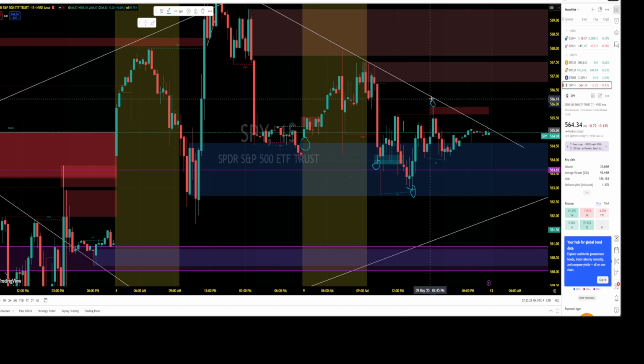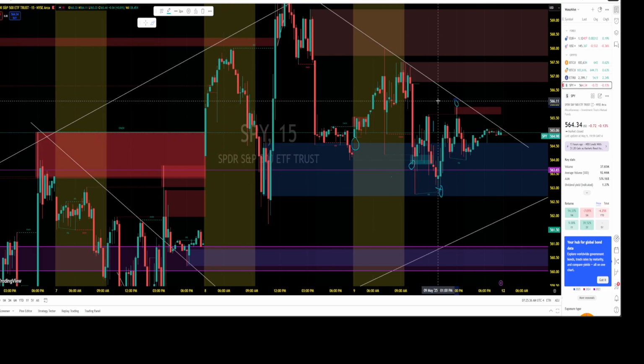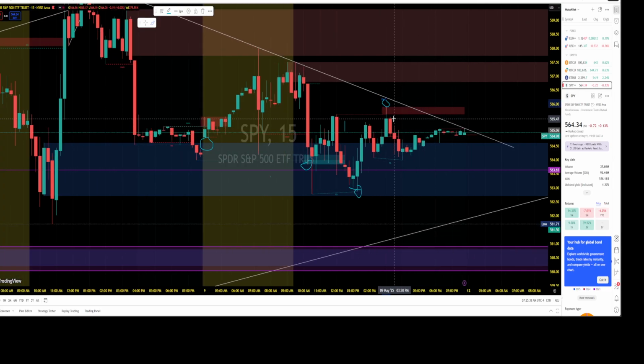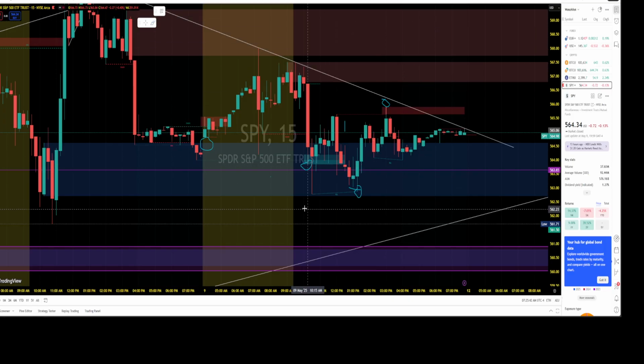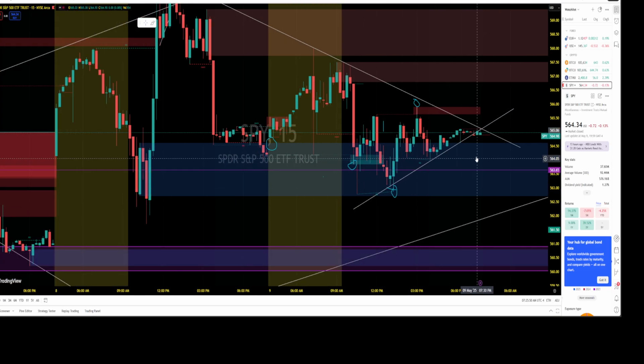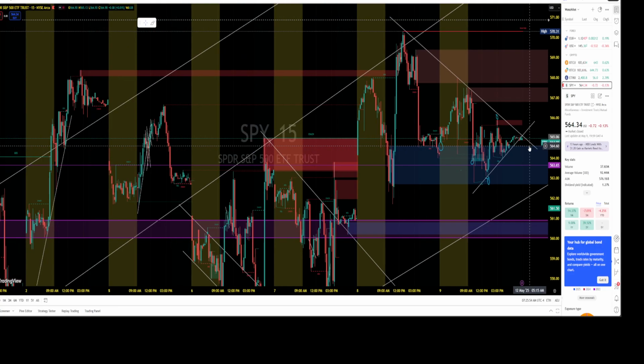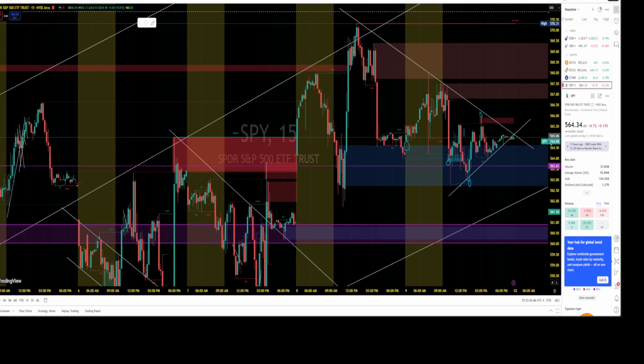The market got rejected right here, which is the 565 level. So on the basis of this study, I will try to find out what they can do in our next trading session. The trading session mostly depends on what happened on the previous days.